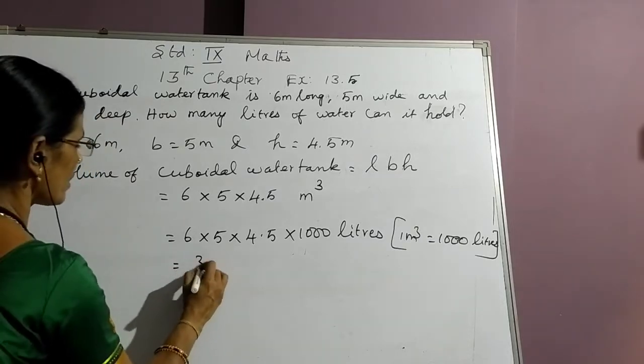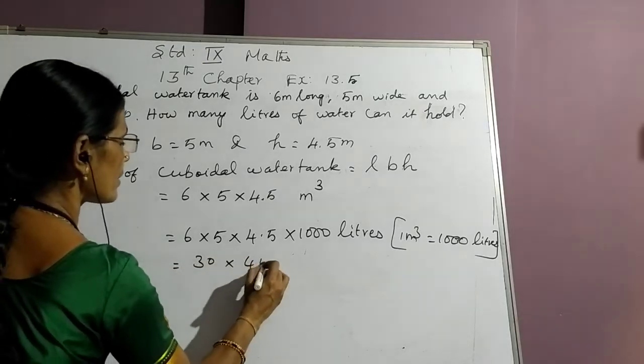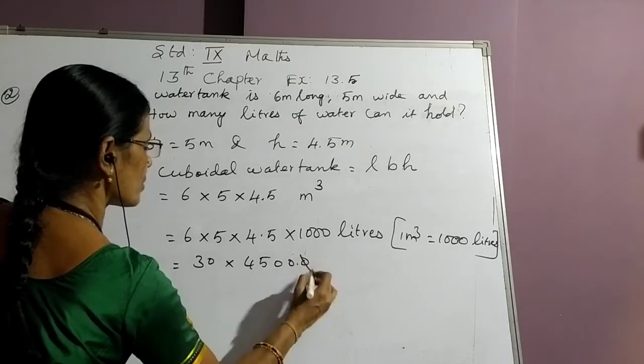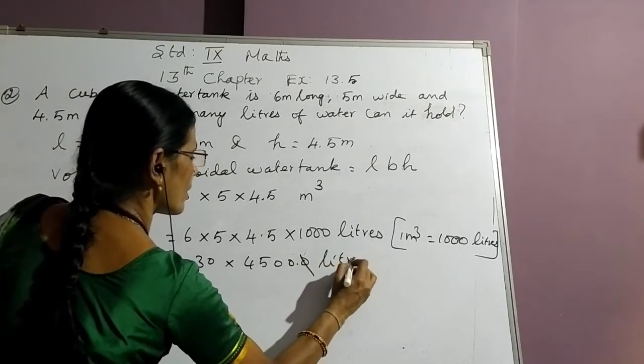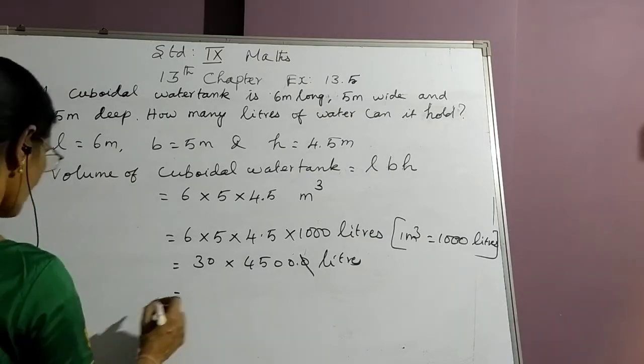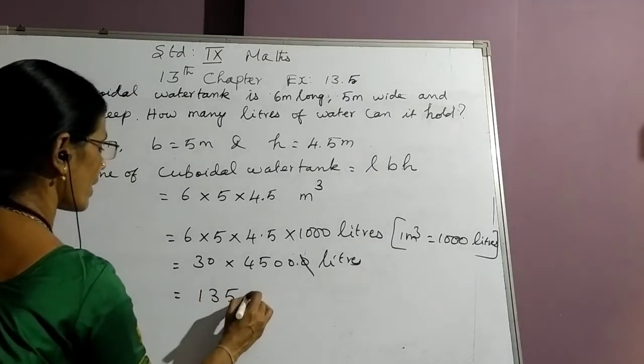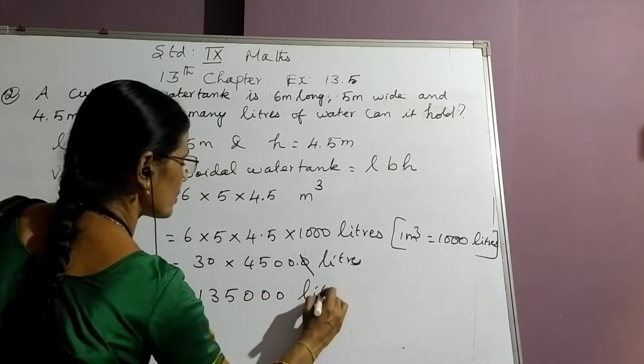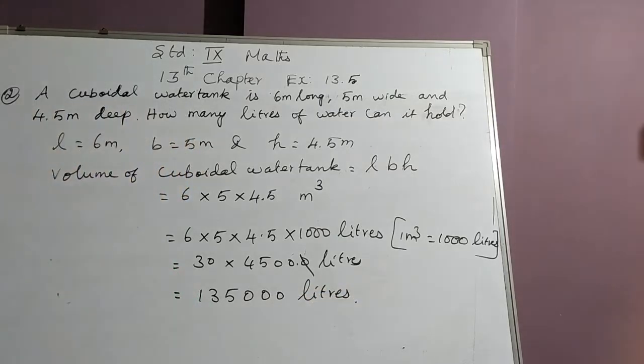So multiplying, we'll get here 30 and here 4500 liters. So multiplying we'll get 135,000 liters.